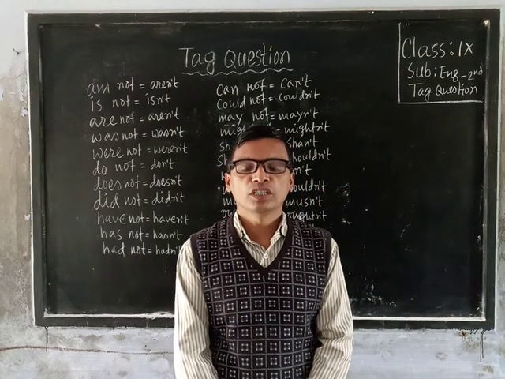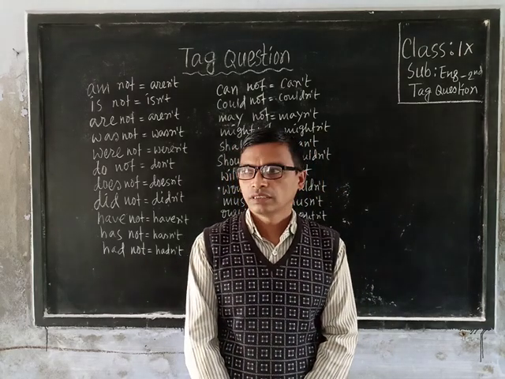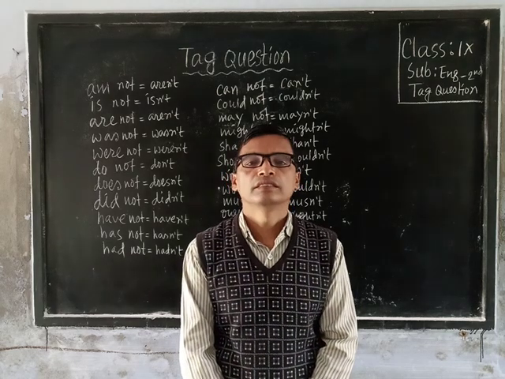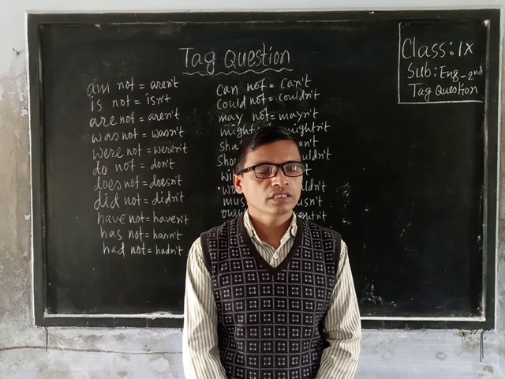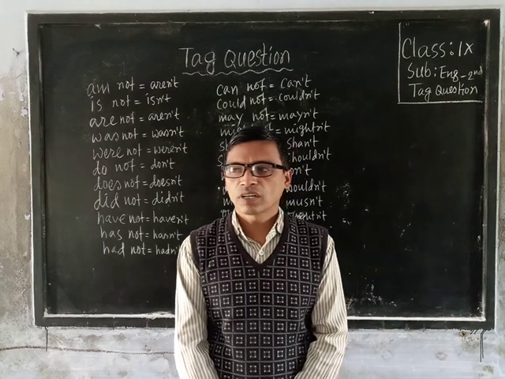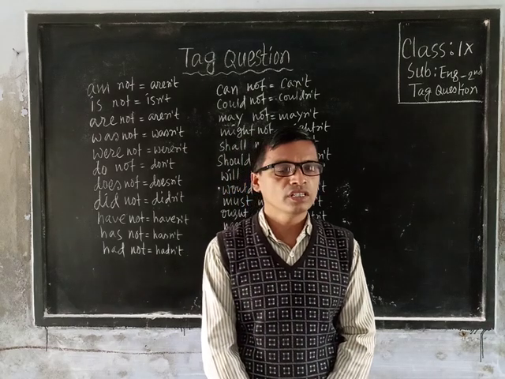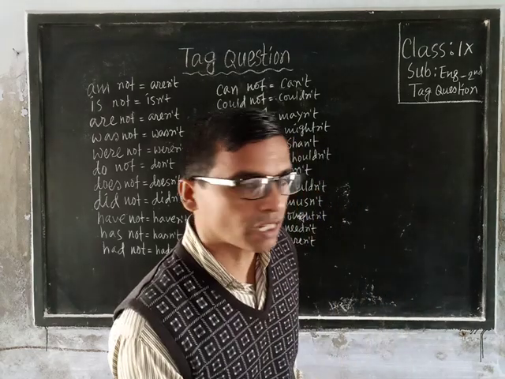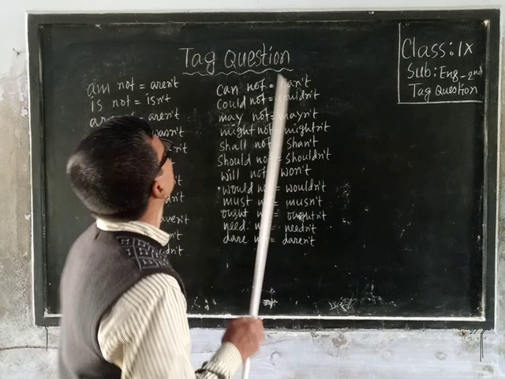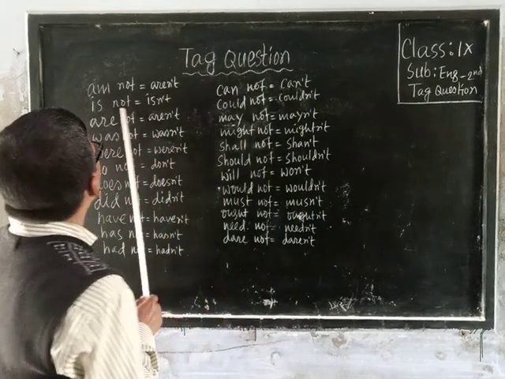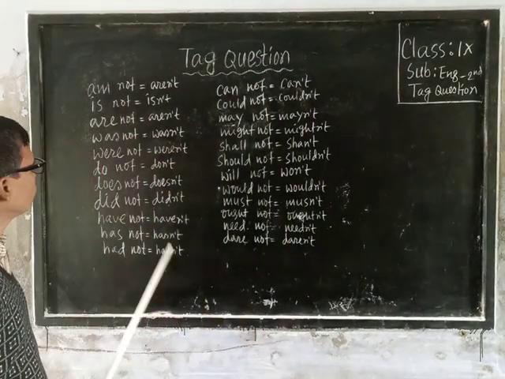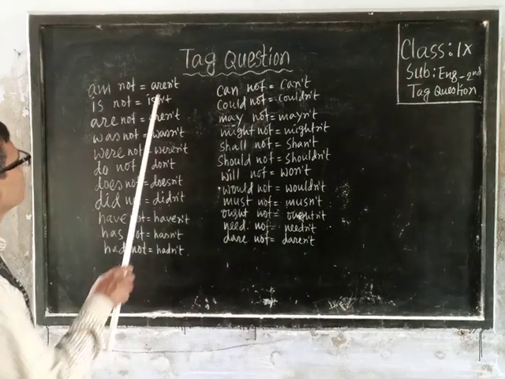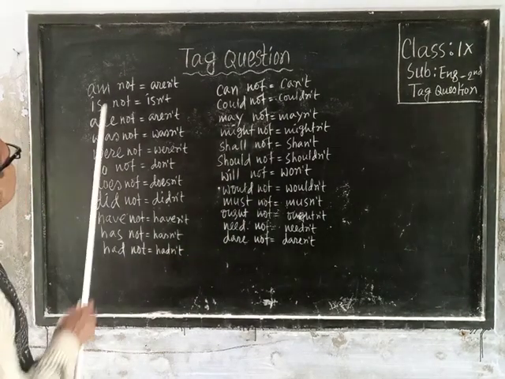Now dear friends, we will know some auxiliaries and not, and what the contracted form of these is. Let us see on the blackboard. Look dear students, there are some auxiliary verbs and not, and these are the contracted forms of auxiliary plus not.